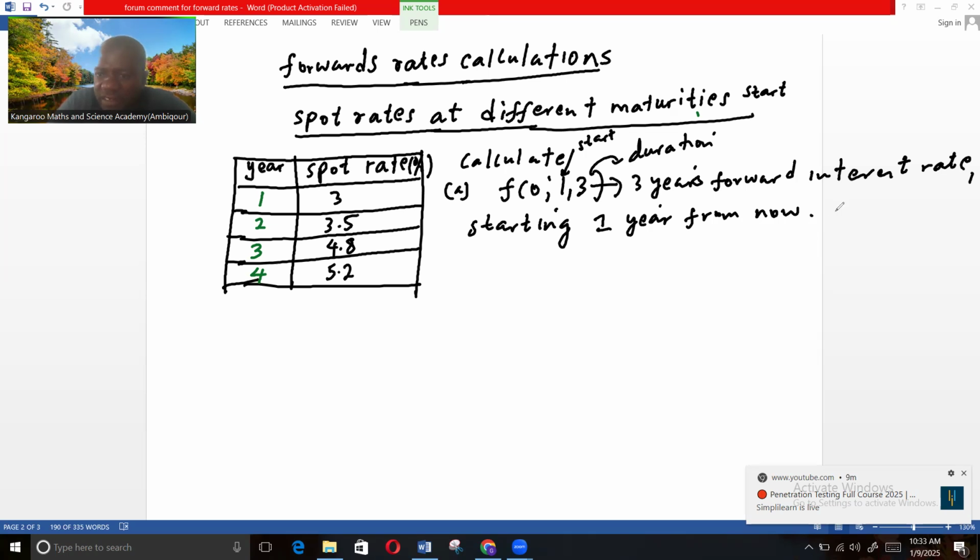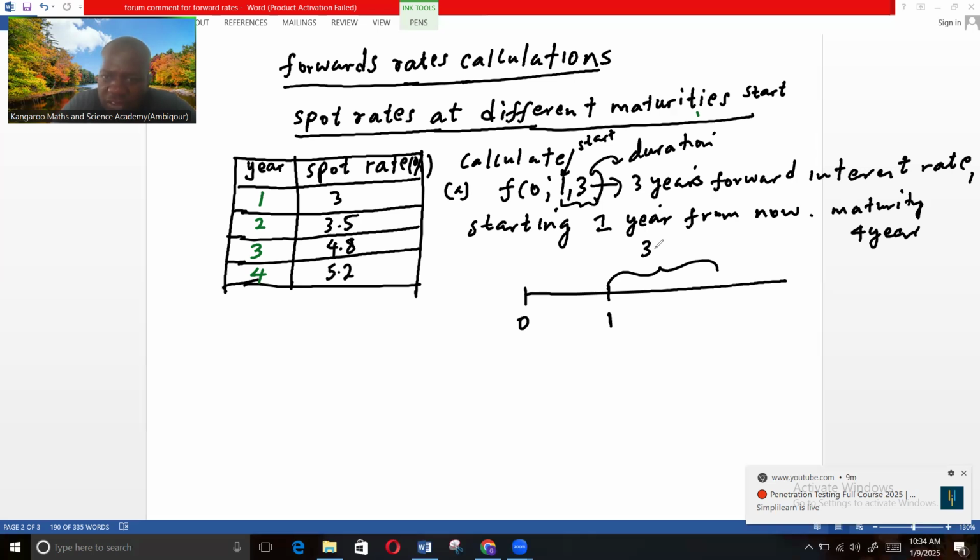So in terms of the maturity, it's 4 years. Let's just construct the number line so that you can understand. When is the start of the forward rate? 1 year, which will have a duration of 3 years. Obviously, if it's having a duration, it means the maturity will be 4.